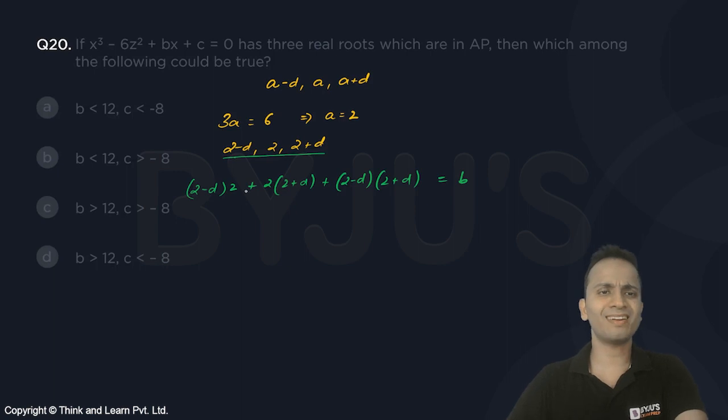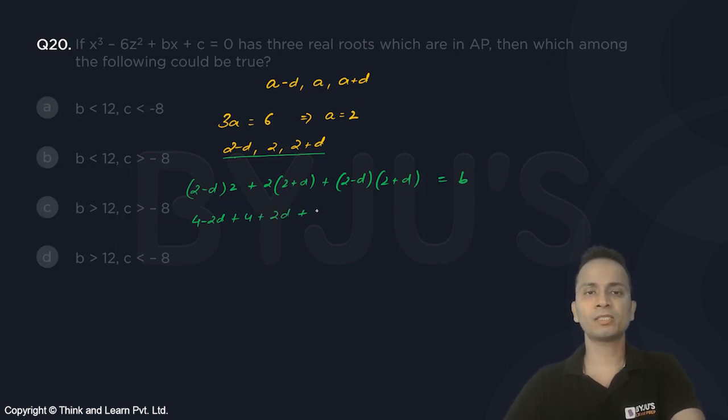So simplifying the left hand side, 4 minus 2d plus 4 plus 2d plus 4 minus d square is equal to b. Minus 2d and plus 2d will get cancelled. 4 plus 4 plus 4 is 12 minus d square is equal to b.